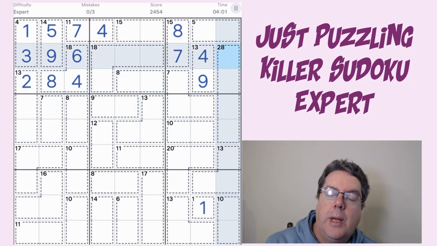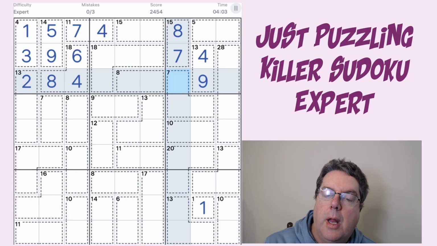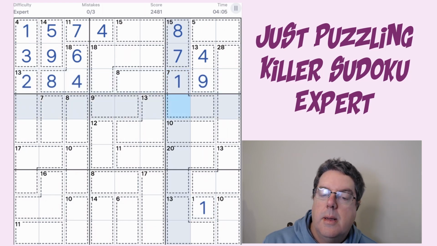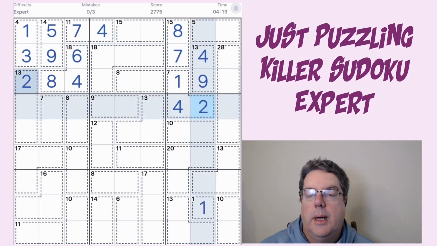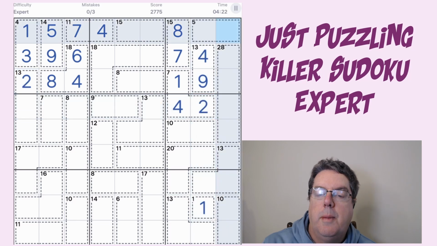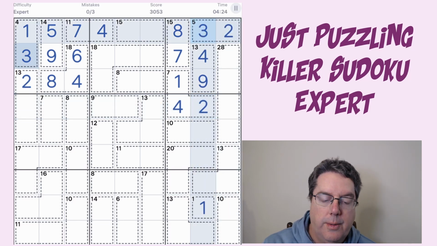To get to 28 it can't be a 1, so that is going to be the 1 there. The other 2 numbers that are in it, 7 is 4, which is that there, 4 and 2. Okay. So if I know that's a 2, that must be the 2 there, and that's the 3 there.